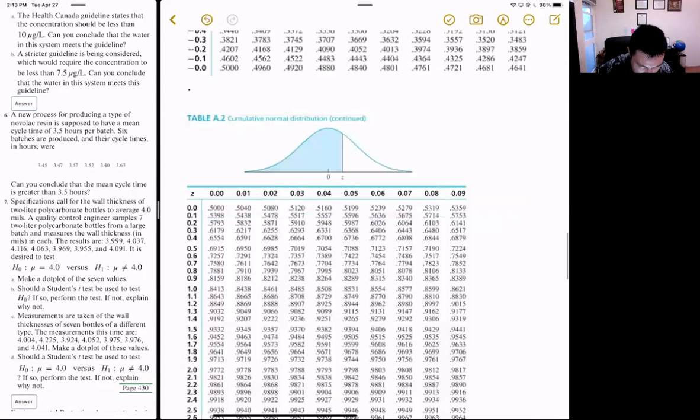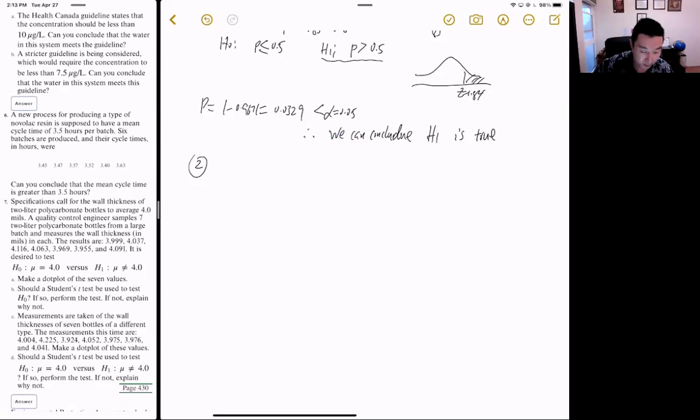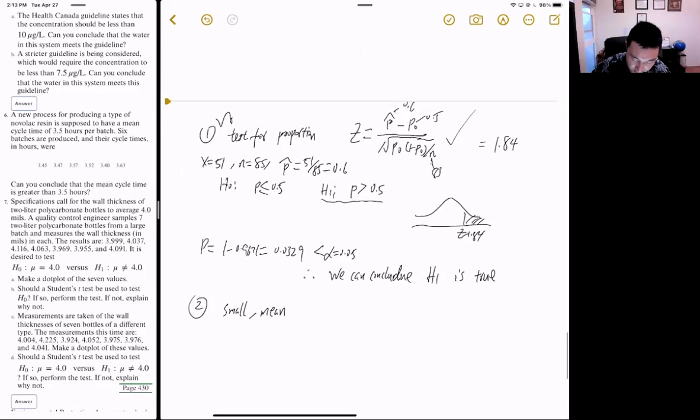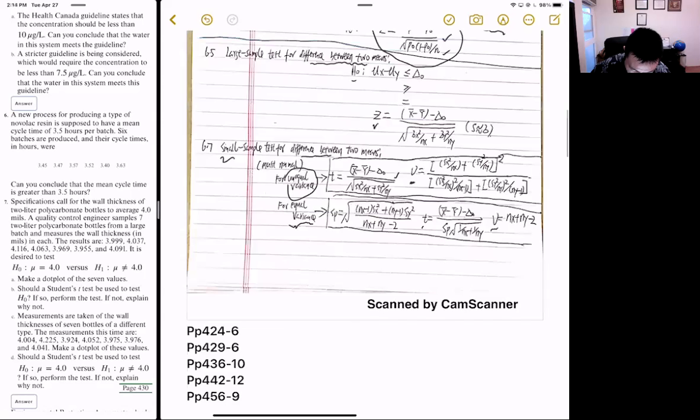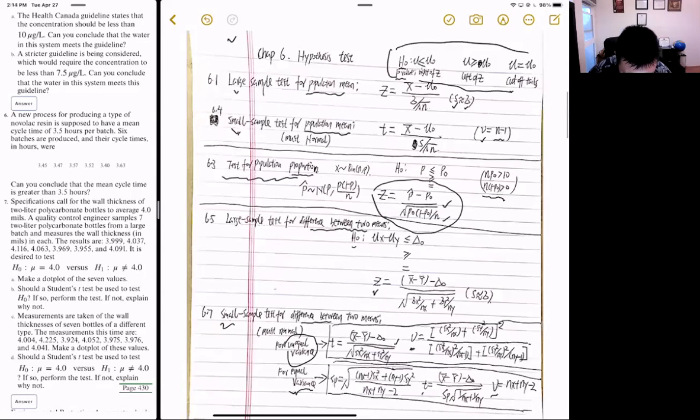Okay, so this is a test for mean value, and the sample size is small. So small sample test for the mean. Okay, so which equation to use? It's here. Okay, section 6.4, small sample test for population mean, where we calculate the t-value.